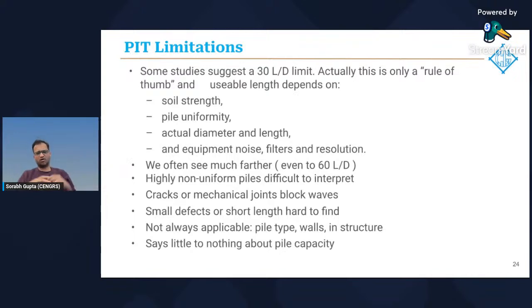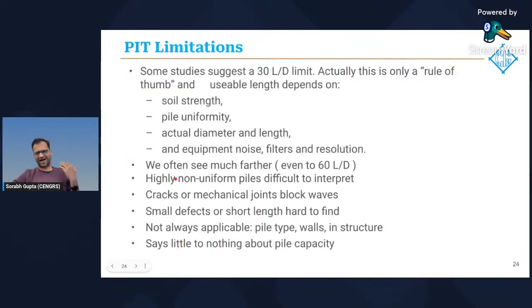It really depends on how the pile is formed, the concrete grade, the soil strength, the diameter, length, and so on and so forth. I have tested piles with an L by D ratio of 50 or 60 as well, and have managed to get good quality data. But as the L by D ratio increases, the probability of getting usable PIT data reduces.